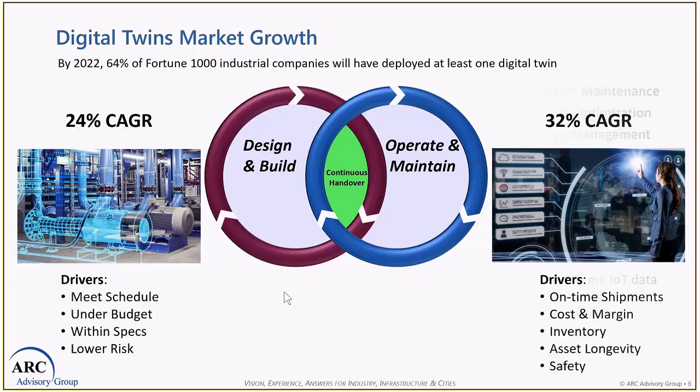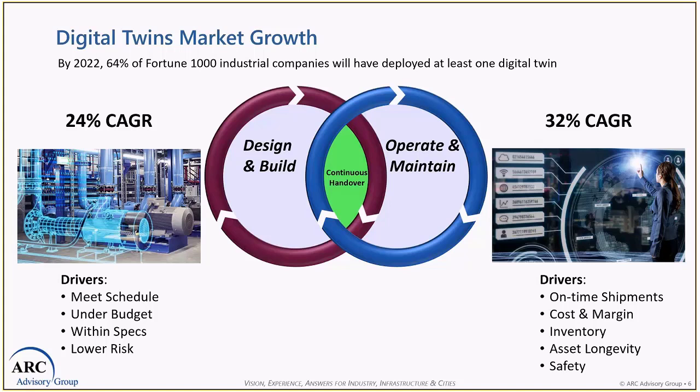Now, this slide starts to talk about adoption rate. There are some on the left side, there are very strong drivers around adopting digital twins. And these are all typical ones for metrics around design and build of a project.